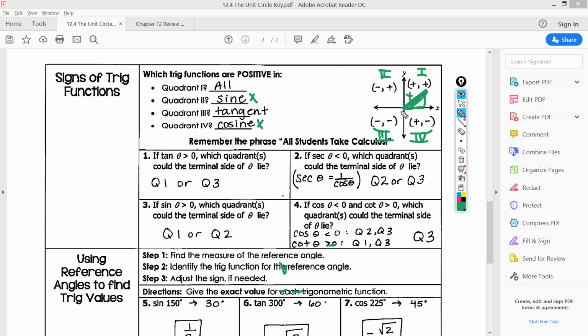So this is a positive line. And if you have a triangle down here, and this is my hypotenuse, what's the slope of this hypotenuse? It's positive, right? It's going up and to the right. So these are quadrants where tangent is positive because the hypotenuse is a positively sloped line.